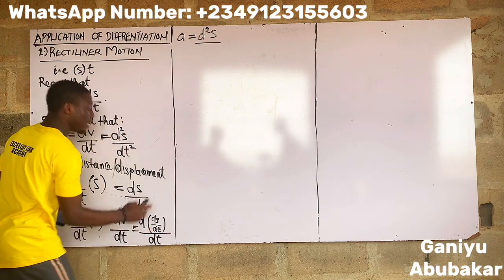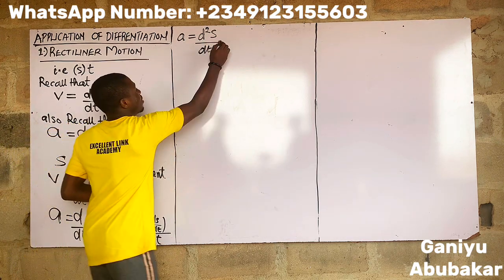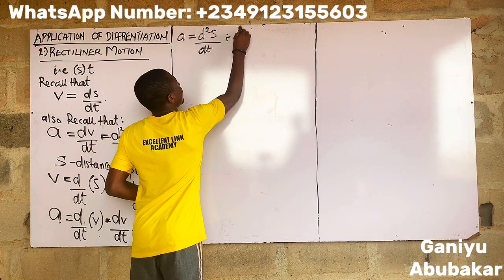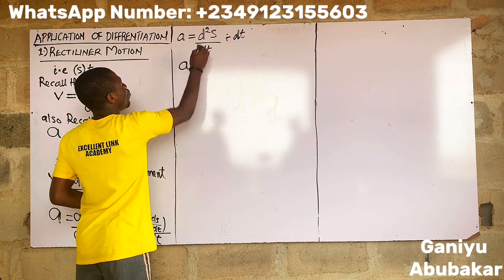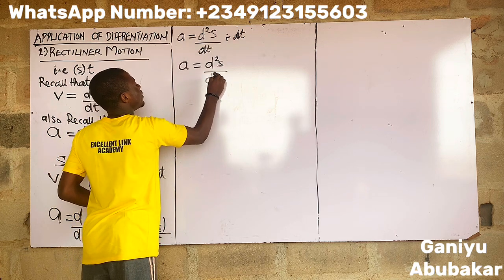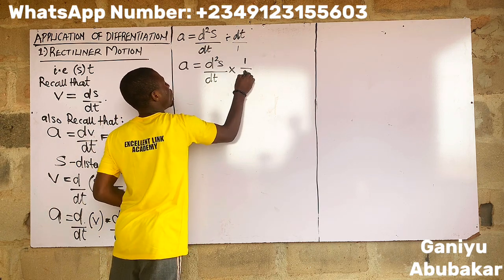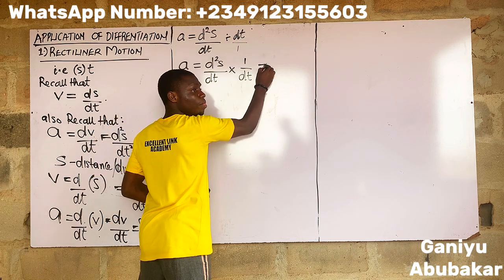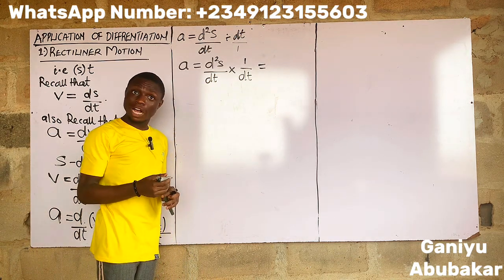Mind you, there's a dt left, so divided by dt. From here, acceleration a is equal to d squared x all over dt, times, there's an invisible one here, that becomes 1 over dt. Don't cancel it though.